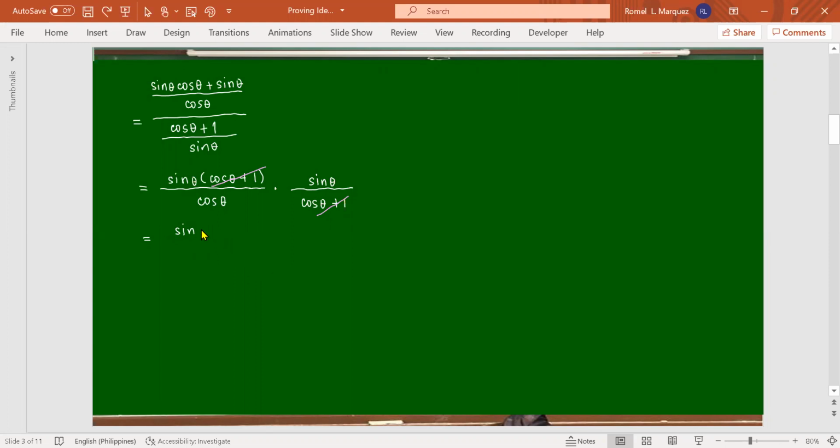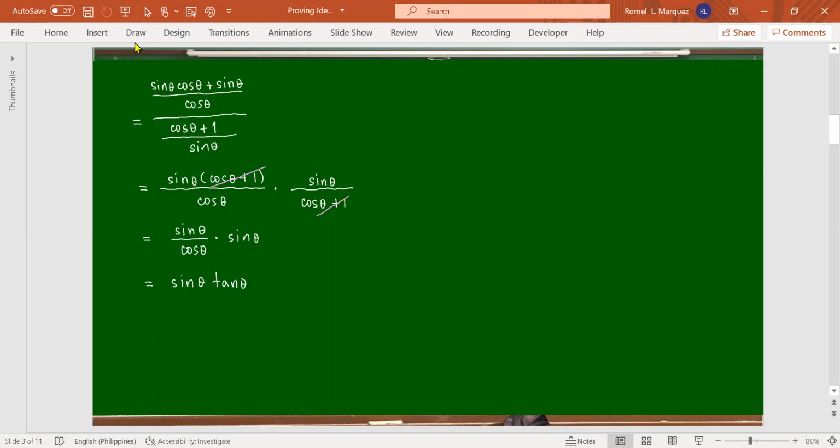Actually, we don't need to combine these two as one, no? So just leave it as is. Sine theta over cosine theta times sine theta. Okay? And this is equal to sine theta times, and what is sine theta over cosine theta? So that is tangent theta. Okay, guys?